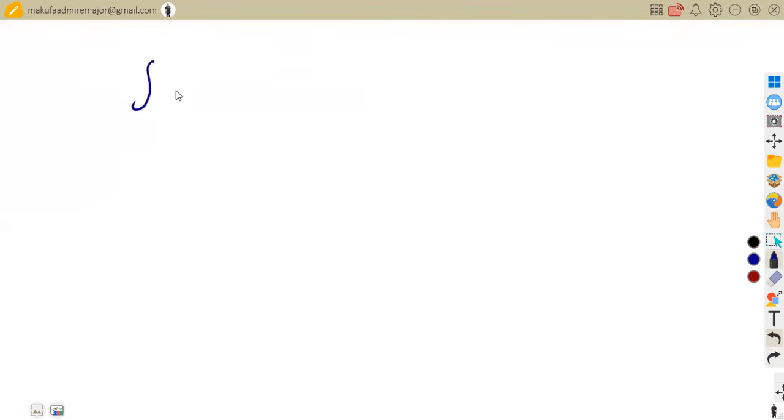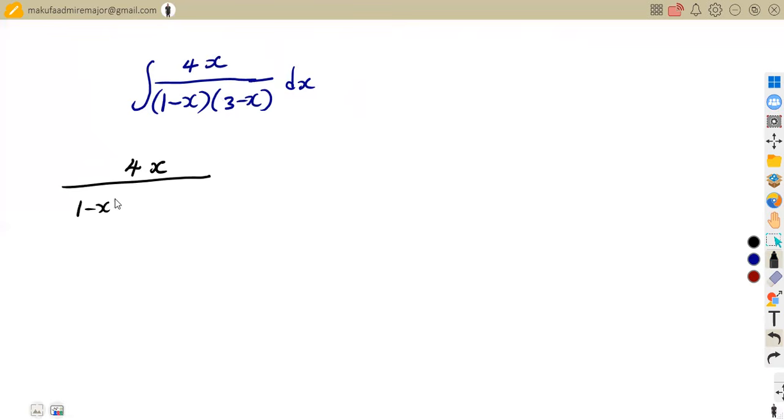So let's take, for an example, 4x over the expression 1 minus x into 3 minus x. We are asked to integrate this with respect to x. So the idea is first to express it into partial fractions, into fractions that you understand. So here we express into partial fractions. That means we have 4x over 1 minus x into 3 minus x.